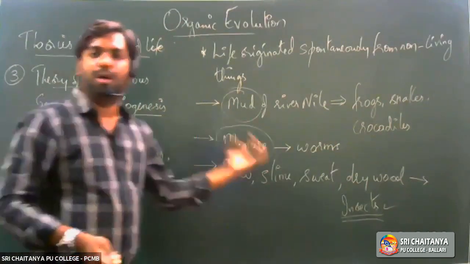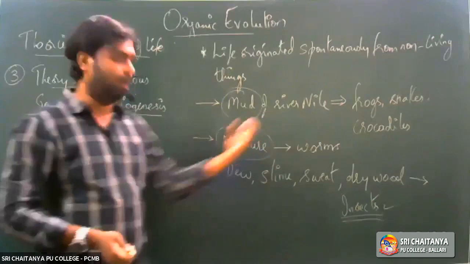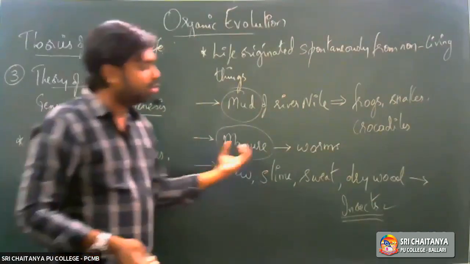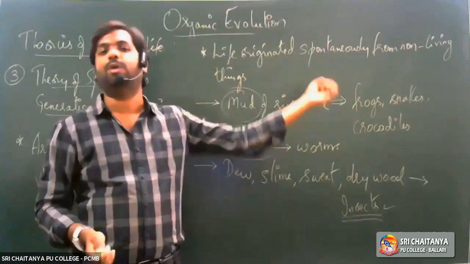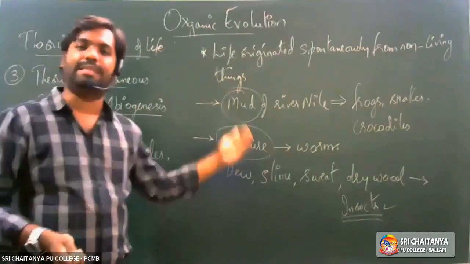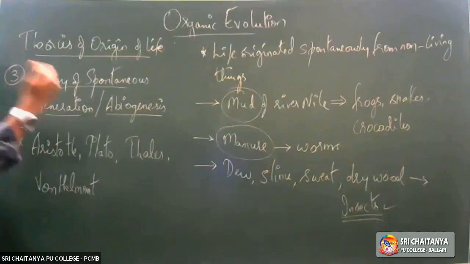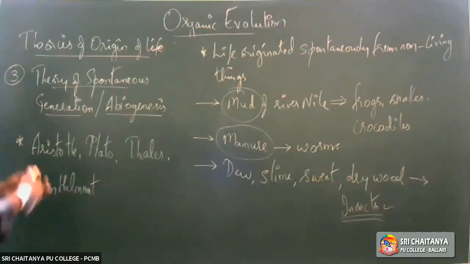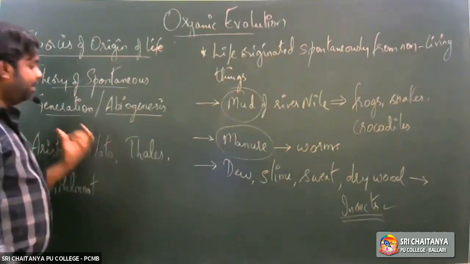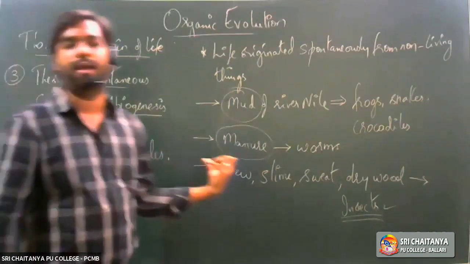From manure, worms such as earthworms have evolved. From dew, slime, sweat, as well as dry wood, organisms such as insects have evolved. This is the theory accepted by most of the prominent scientists of that time, such as Aristotle, Plato, Thales, and others.